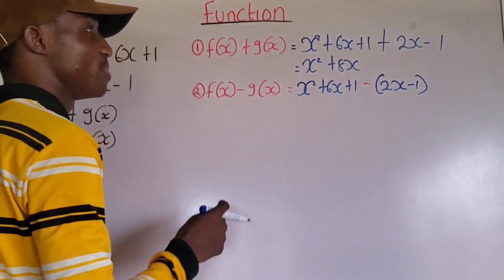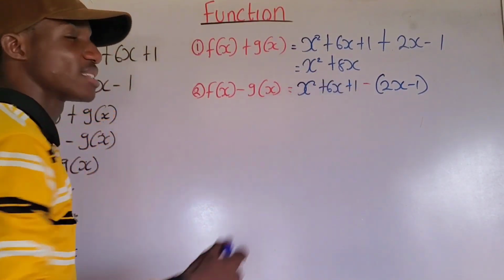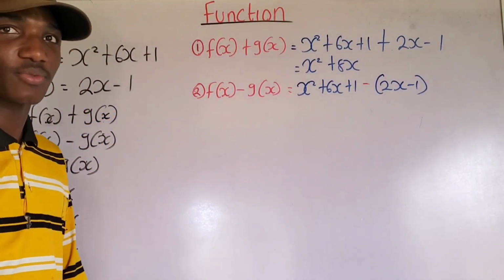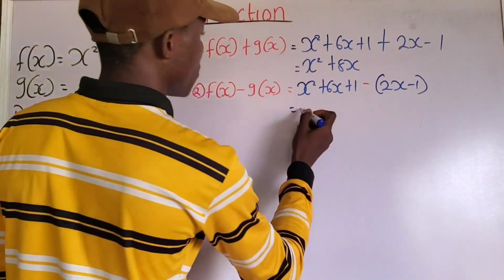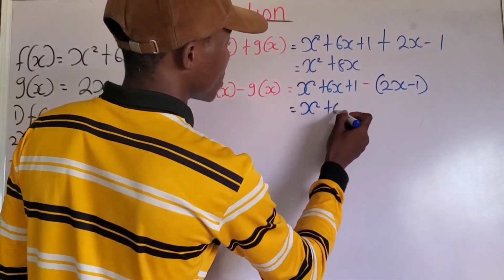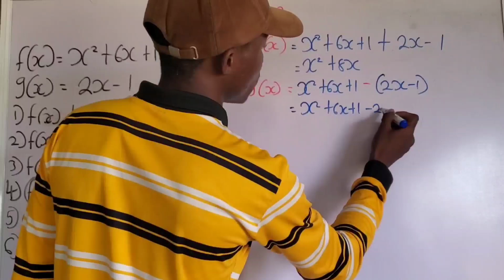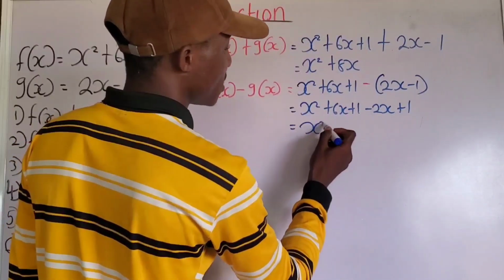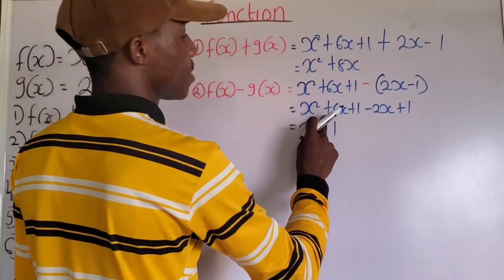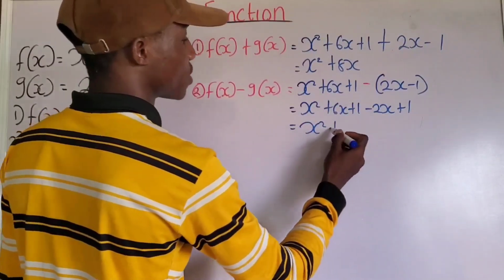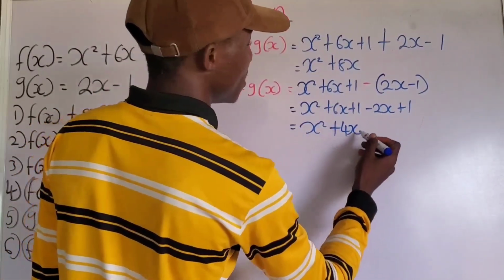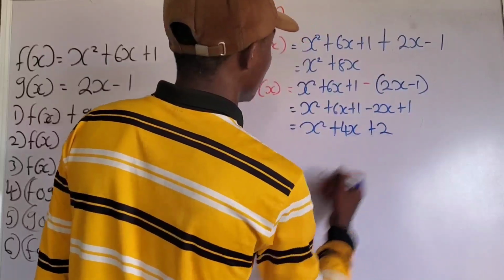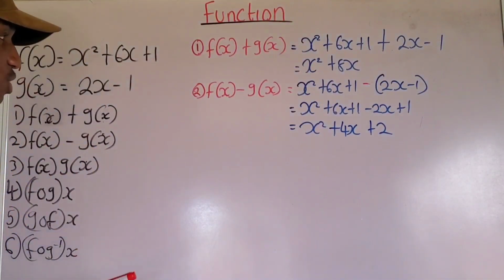Please kindly be careful. The negative sign is affecting both 2x and negative 1. You understand? So that will become x squared plus 6x plus 1 minus 2x plus 1. So for this I'm going to have x squared, plus 6x minus 2x, that is plus 4x, plus 1 plus 1, that is plus 2. That is the final answer for question 2.